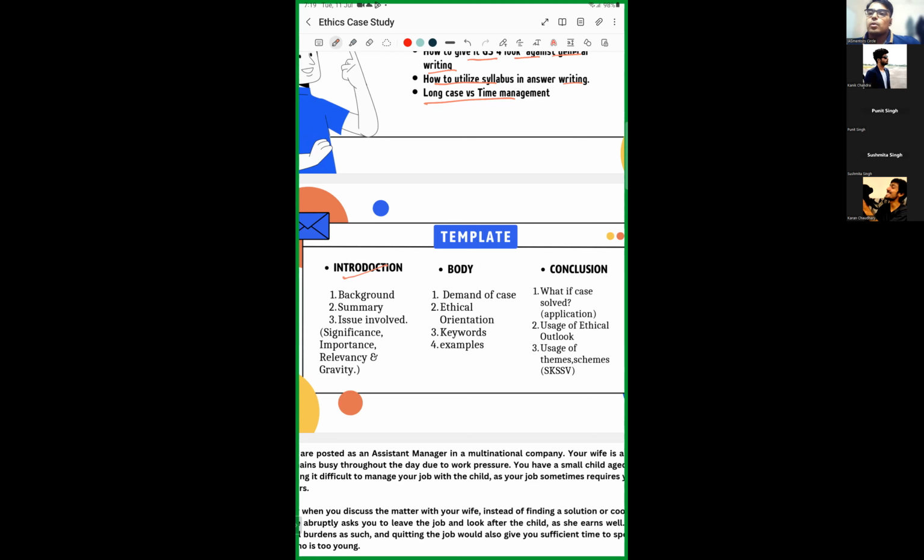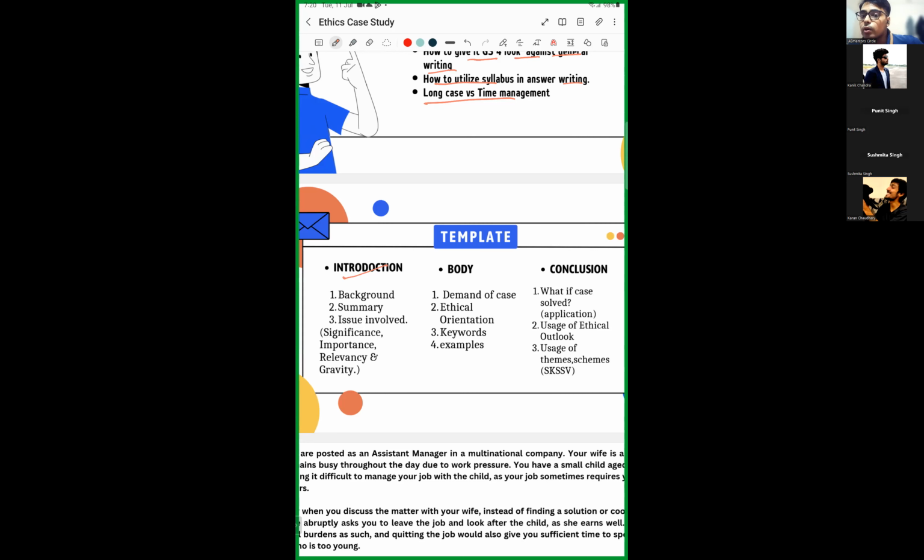Can we quote this? Certainly we can quote. That is, if these issues are solved, what will happen? Suppose this was about deforestation or say distributive justice. Can we quote Mahatma Gandhi ji's trusteeship theory? Like we had the question in 2019 or 2020, where a factory was doing all good.